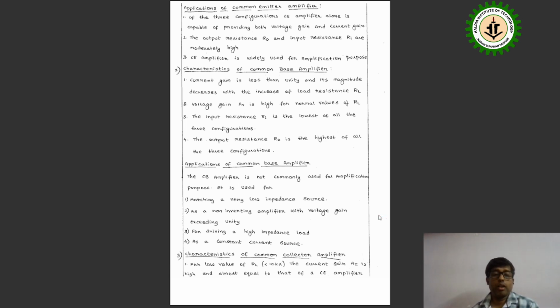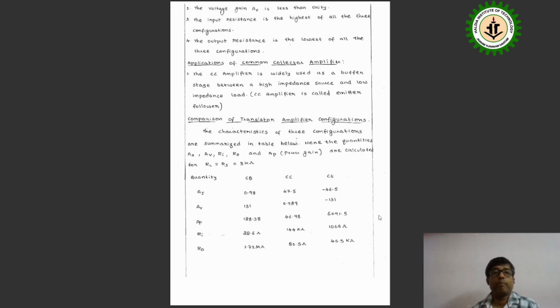If we discuss the characteristics of the common collector: for low values of RL, the current gain AI is high and almost equal to that of a CE amplifier. The voltage gain is less than unity. The input resistance is the highest of all three configurations, and the output resistance is the lowest of all three.